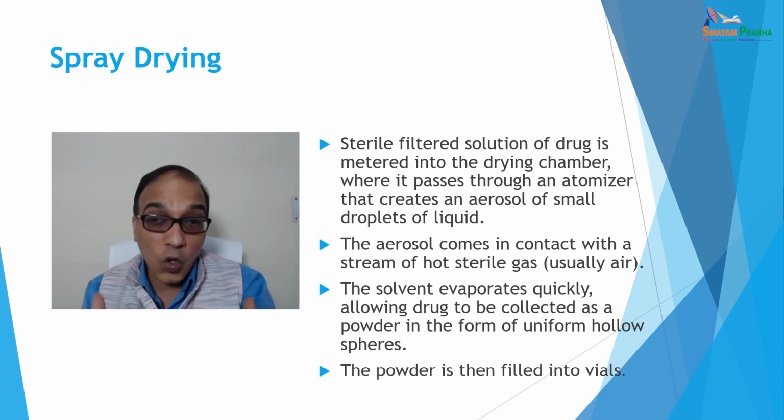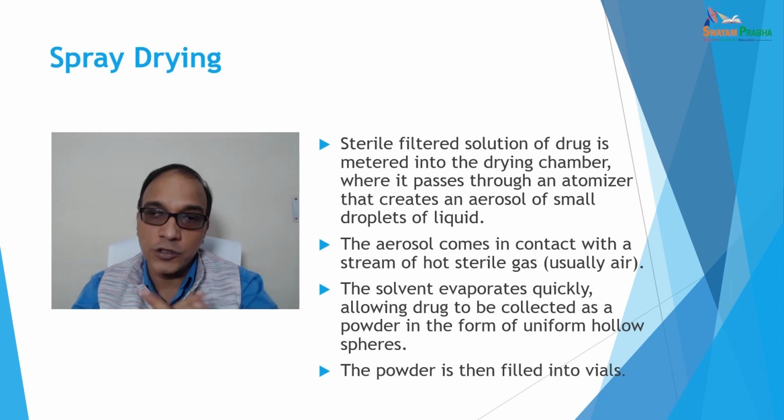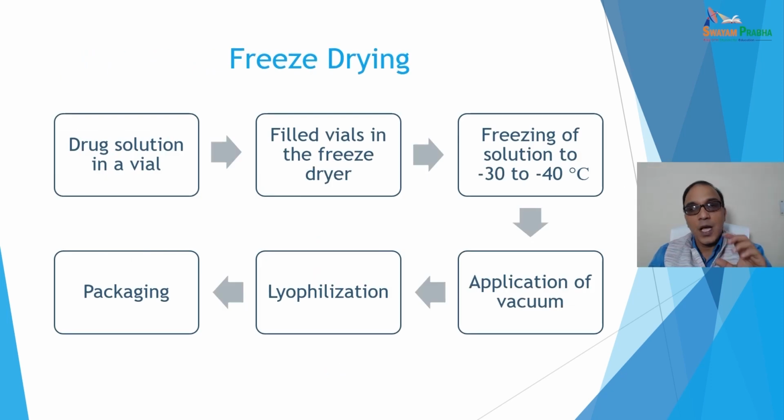So these are hollow sphere powders which have good free flowing property and good solubility. So spray dried products are quite wonderful with respect to the quality of the product. Okay, now moving to the next method of dry powder manufacturing, freeze drying.